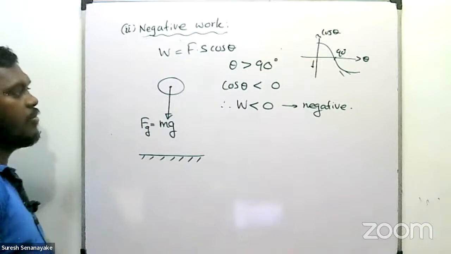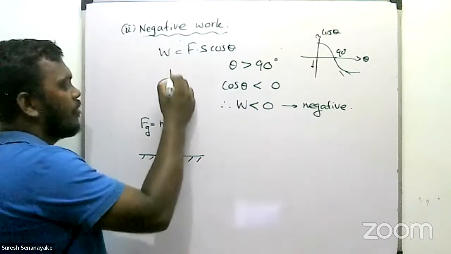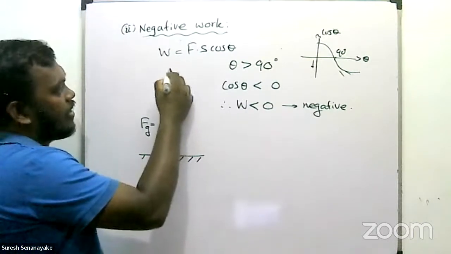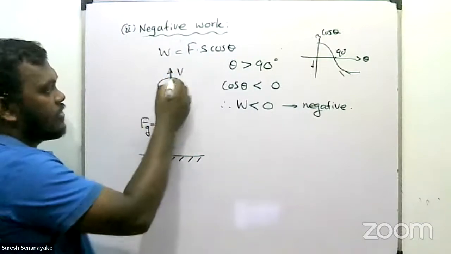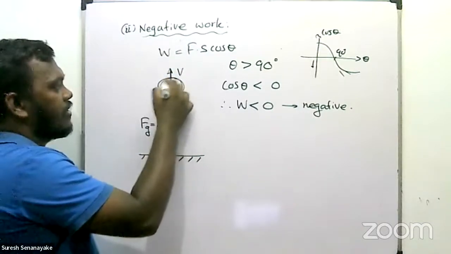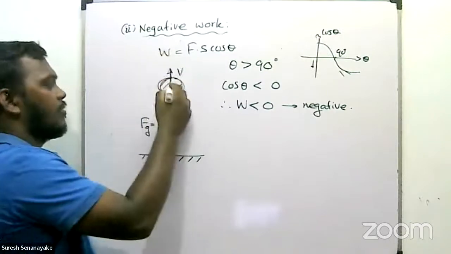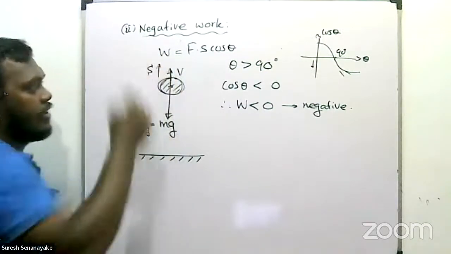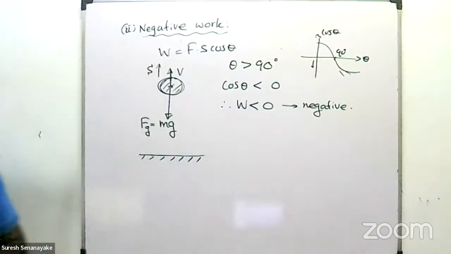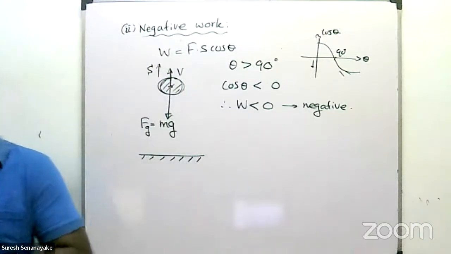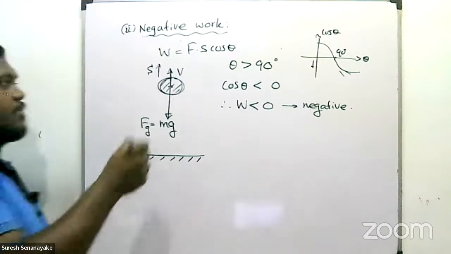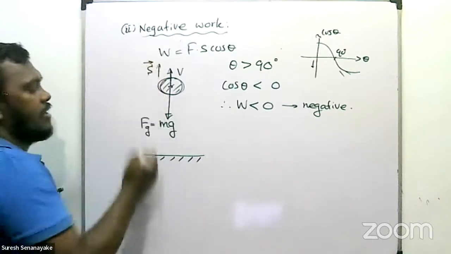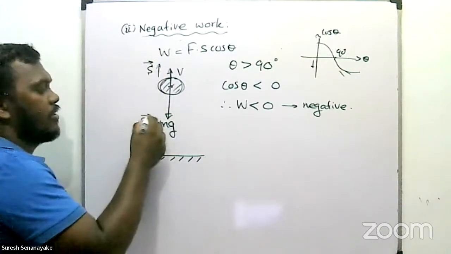For example, when a body is thrown up, no other forces are acting on it now, so only the weight is acting. Weight acts down, but the object is moving in the upward direction. The displacement you measure is upward. Displacement as a vector is upward, and the force is acting down.